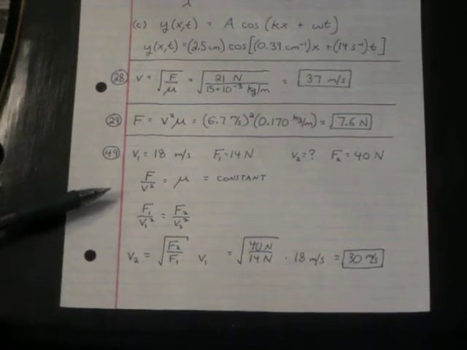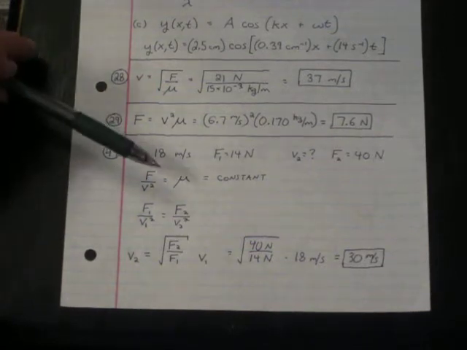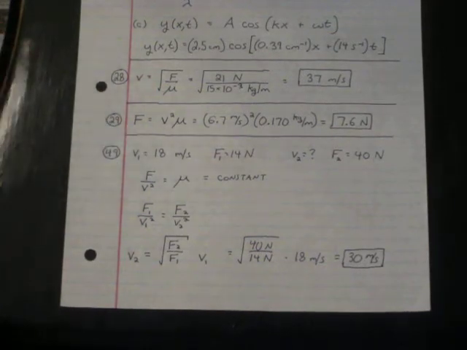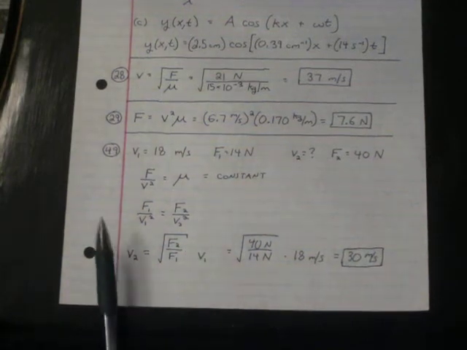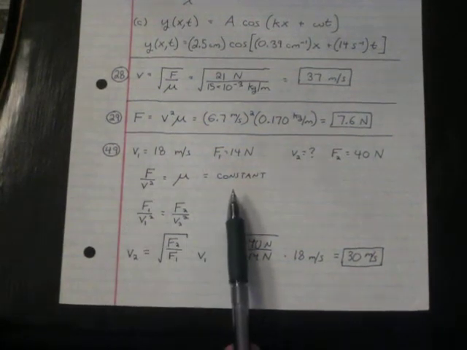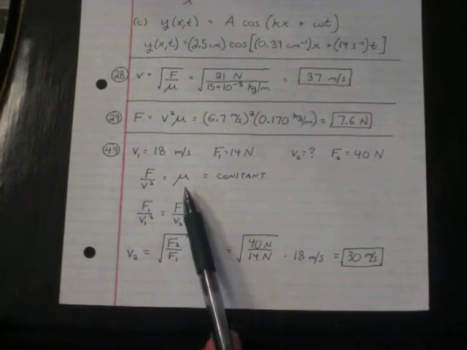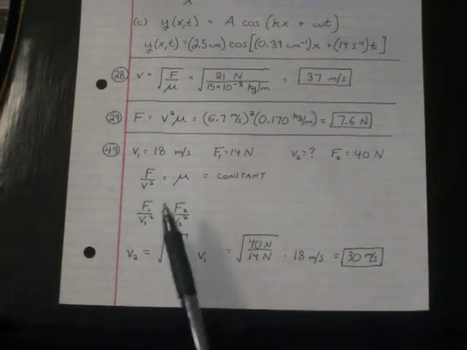So that gives us F over V squared equals mu. The reason I'm doing this is so that if mu is unchanging, and by mu I mean whatever's left on the right hand side, I can just say it's constant. So if F over V squared is constant, I don't really care what mu is. The point is F over V squared is constant.